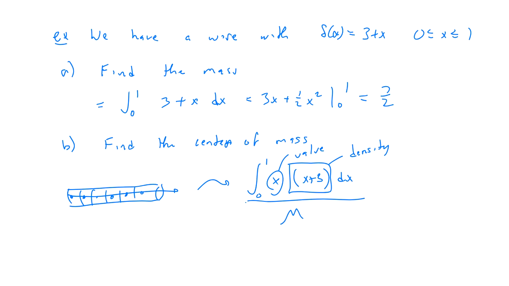So this is essentially doing what I did in the discrete example in the last one, which is I multiply all of them, except here there's an infinite number, so I need an integral. Multiply them by their weight, and add them up, and then divide by how many there are, which in this case is a weight, so total weight, total mass.